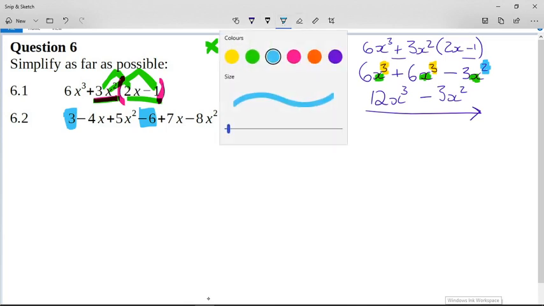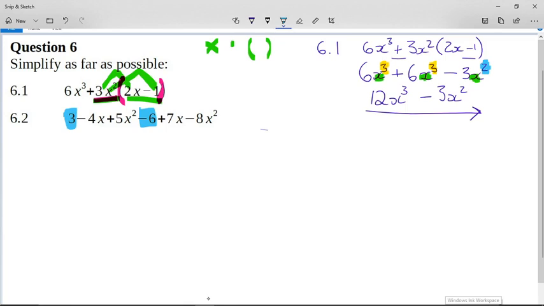Then if we look at the next one along here, I now have negative 4x. Now remember, when we do this, we are supposed to pick up the sign, the coefficient, and the variable. So the sign is minus, the coefficient is 4, and the variable is x. Okay, so let's look at the next one. It says plus 5x squared.